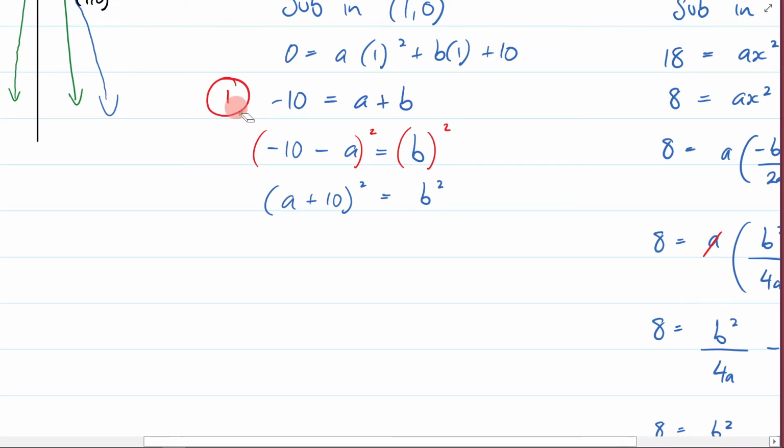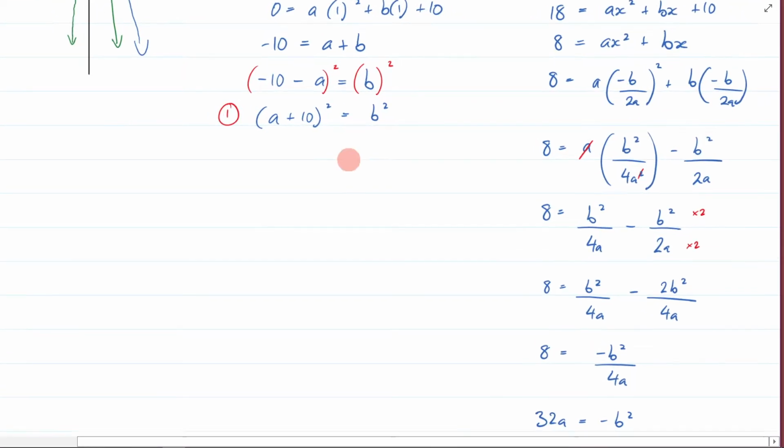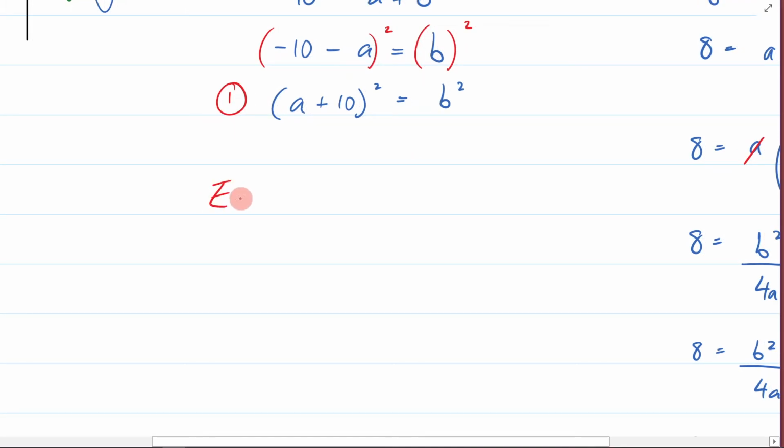And this is really what I'm going to use for a now. This one right here. Oh, so for 1 rather. Because what I can do now is I can equate 1 and 2.